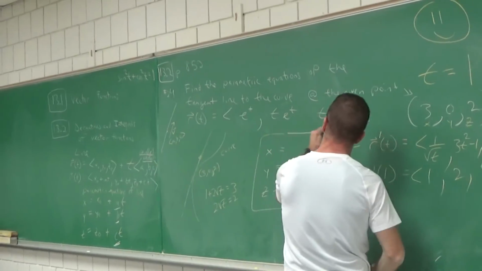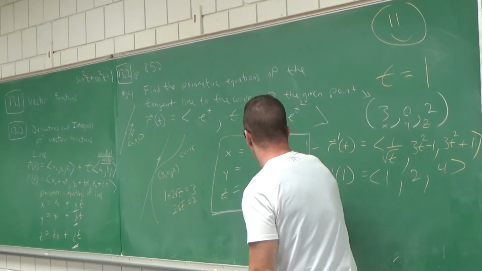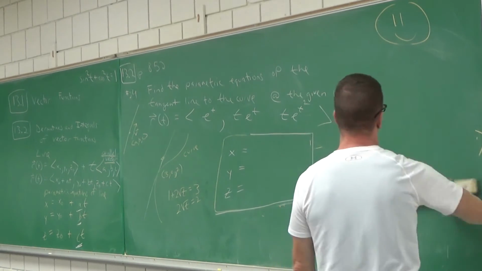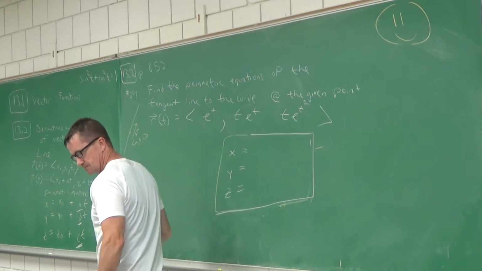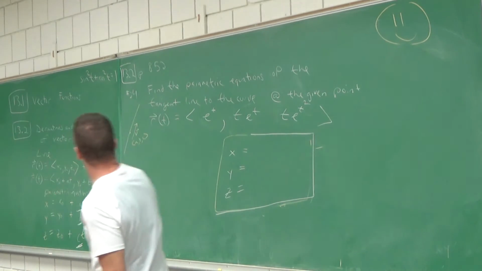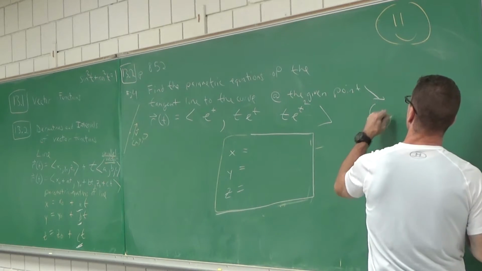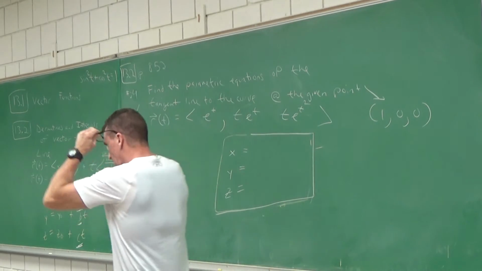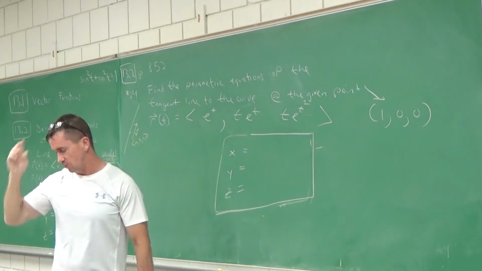Can you come up with the parametric equations of the line? What is the point? And the point for this problem, 1, 0, 0. And you find the parametric equation of the line at the point 1, 0, 0.